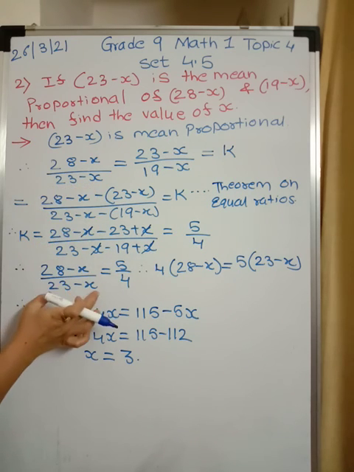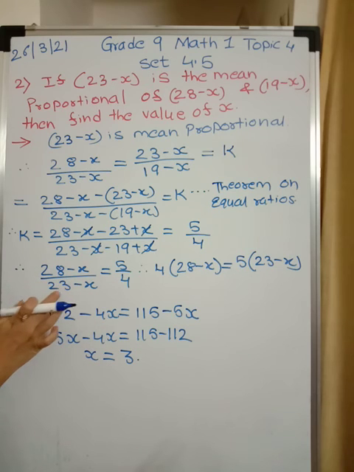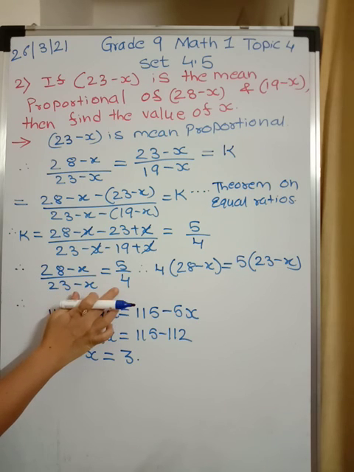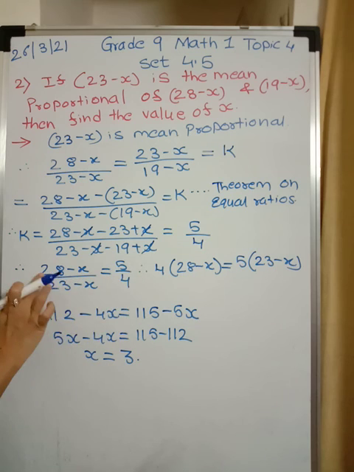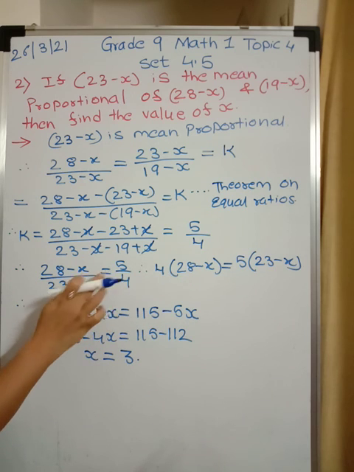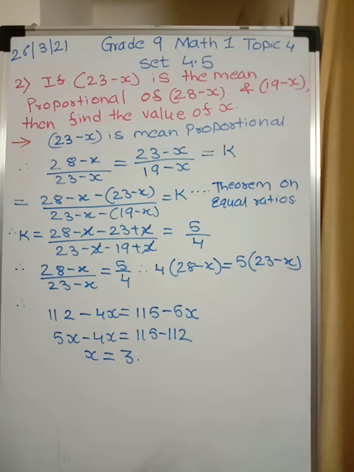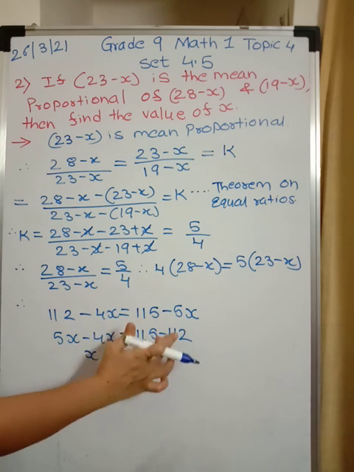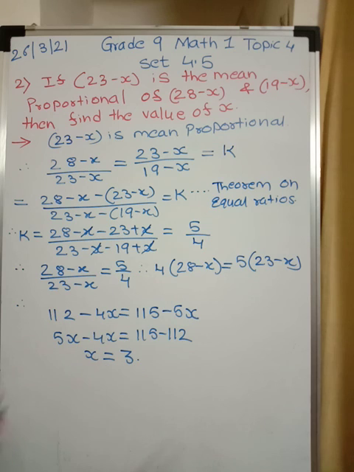I have chosen the first ratio. 28 minus x upon 23 minus x is equal to 5 by 4. Cross multiply. You have 4 into 28 minus x equal to 5 into 23 minus x. Multiply: 112 minus 4x equal to 115 minus 5x. You get 5x minus 4x is equal to 115 minus 112. x will be equal to 3. It's as easy as that.